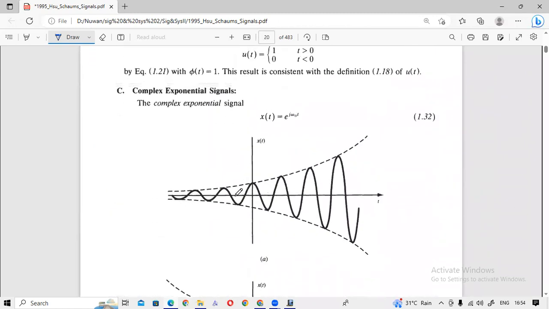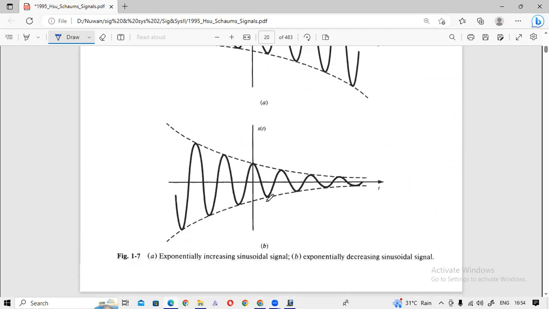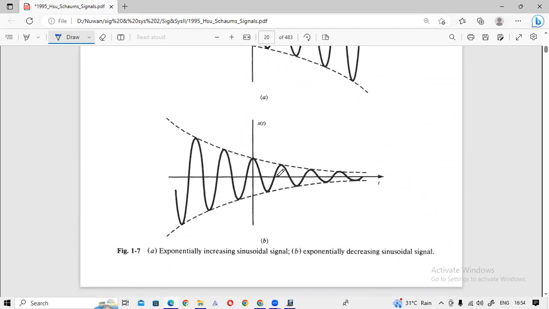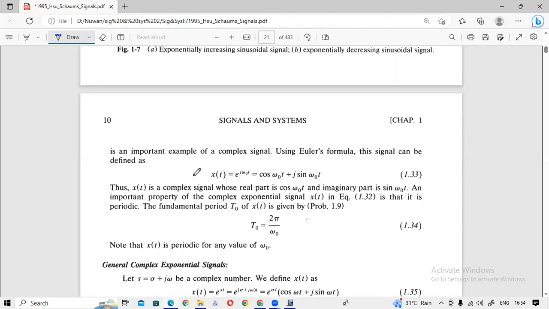Then this is the complex exponential function. You can represent it like this. It is an increasing signal, and this is the minus exponential signal, a decreasing one. This is the Euler formula. I think you can remember, we have used this one.